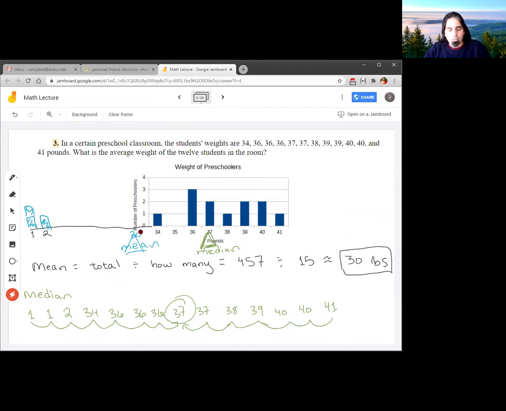When we added up everything, that caused some problems because a few pieces of this situation were extremely off. By using the median, it doesn't matter what these numbers are. If this was a 2 or a 20 or a 25, it would be skipped over.